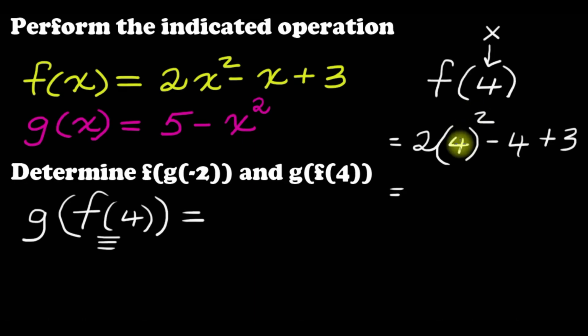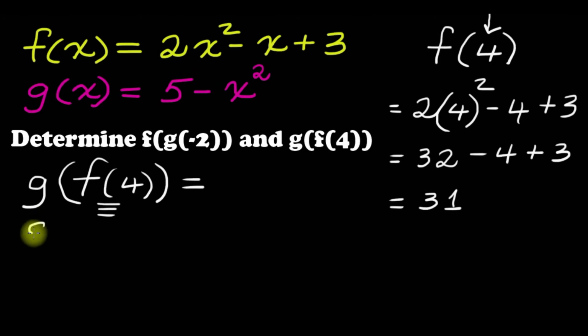Okay, when you square the 4 here, guys, it's going to give you 16. 16 times 2, well, that's 32. And then bring down the negative 4, and then bring down the plus 3. Okay, so 32 take away 4 is 28. 28 plus 3 is 31. Okay, so that's a big number. So f of 4 gives us 31.